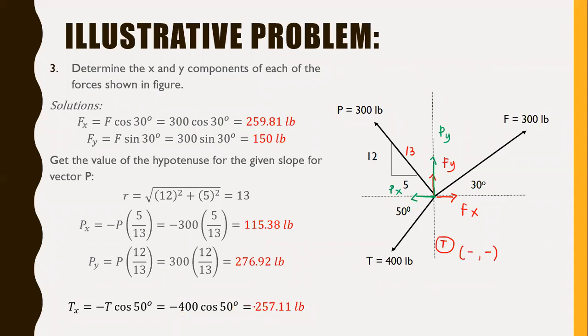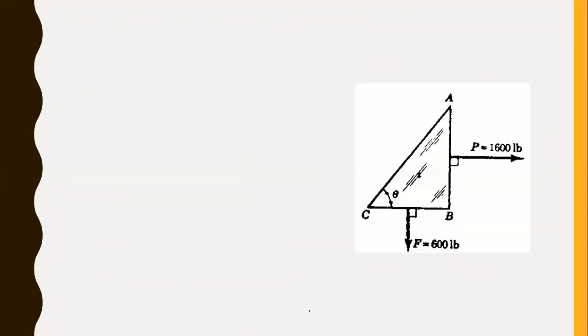Therefore, that is equal to negative 257.11 pounds. While for Ty, we have negative T sine 50 degrees, which is negative 400 sine 50 degrees, equal to negative 306.41 pounds. Okay, therefore, you have your Tx here and Ty. Next.